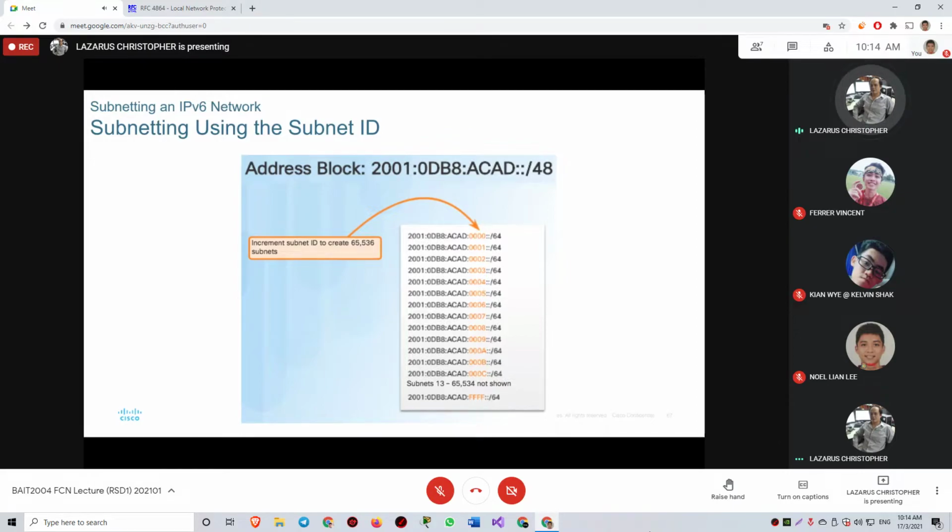IP version 6 wants to provide end-to-end from host to host without any NAT. Because the network portion is given already, all the addresses here are GUA, because this is the global routing prefix given to you by the ISP.